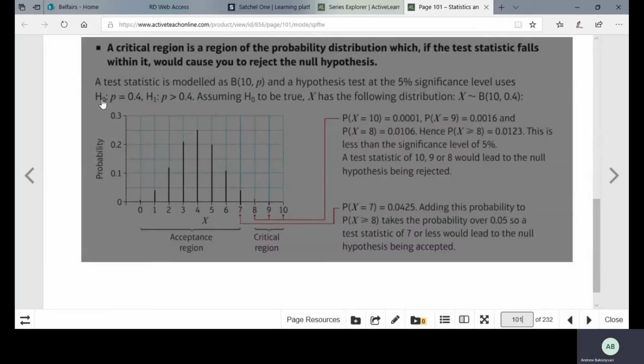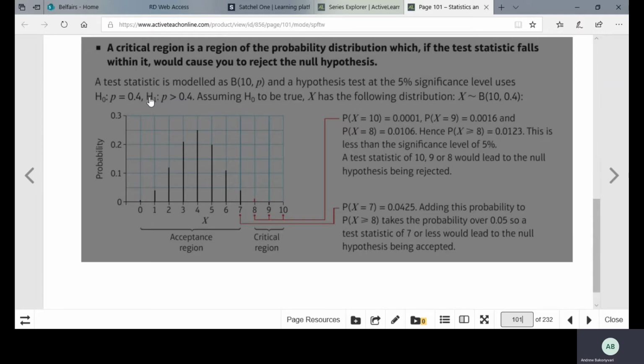So we're saying the null hypothesis is going to start off as the probability is 0.4. So that's the idea we're going into this with. We think it's got a 0.4 probability of success. The alternative hypothesis, so have a think about whether this would be one-tailed or two-tailed. We should have come up with a thought in our heads that that's going to be a one-tailed test because we're only looking at greater than 0.4.